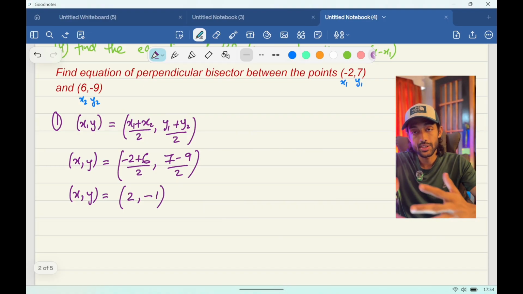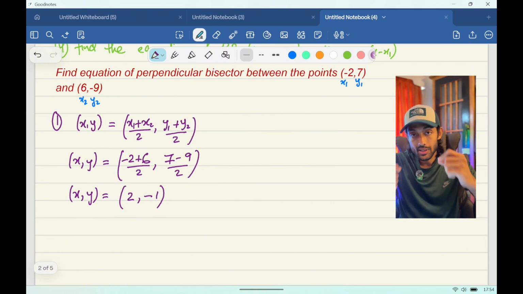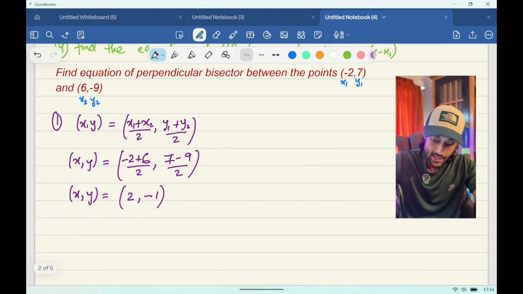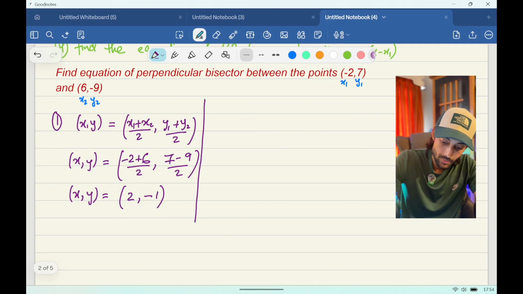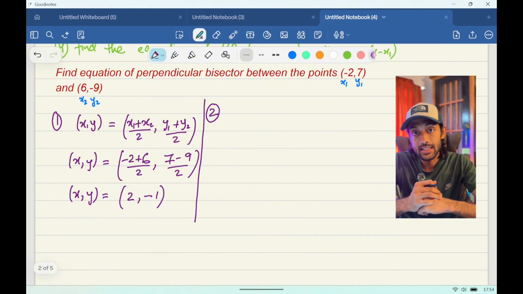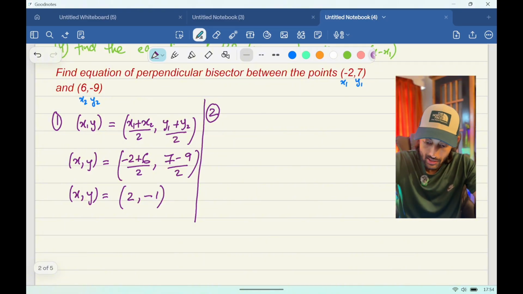So these are the coordinates of the midpoint, and you will have to use these coordinates of the midpoint at a later stage.